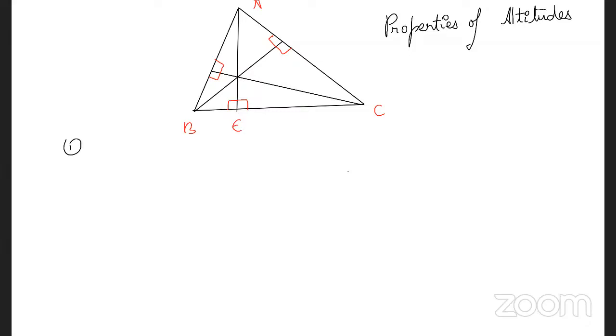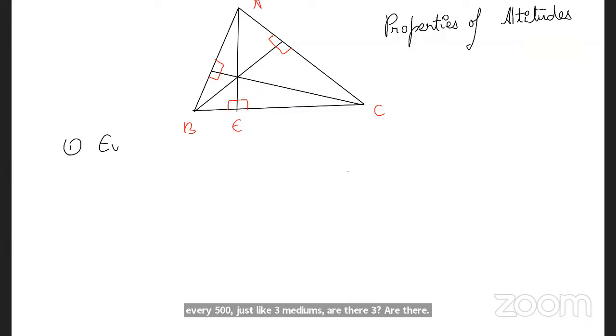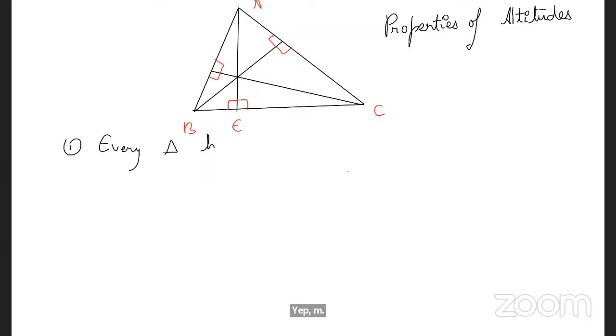Now, just like three medians are there, three altitudes are there. In each triangle, every triangle has three altitudes, one from each vertex.